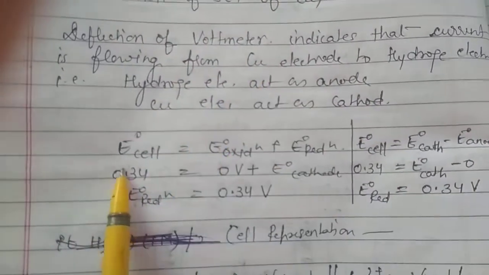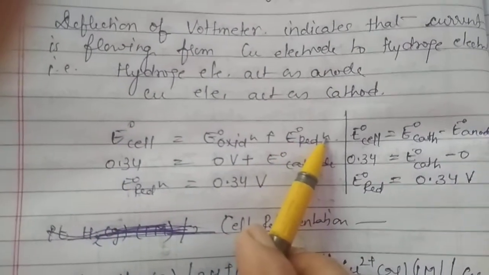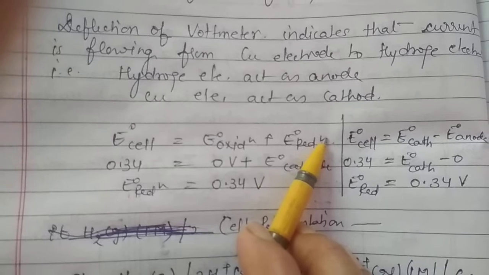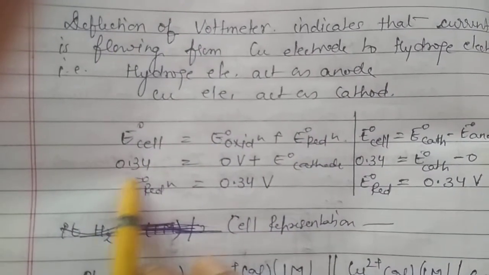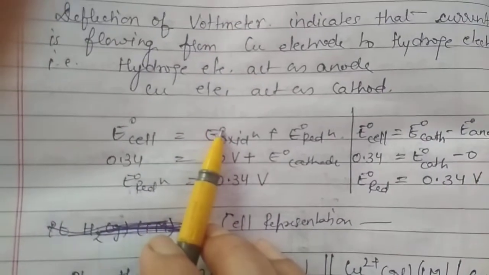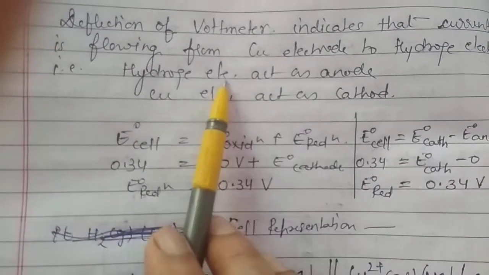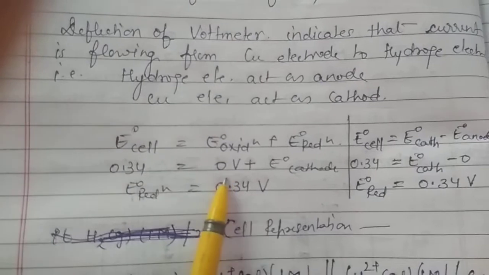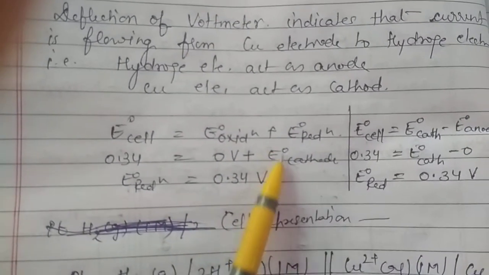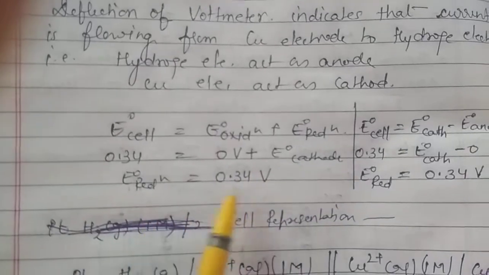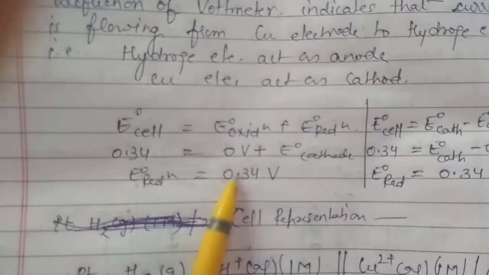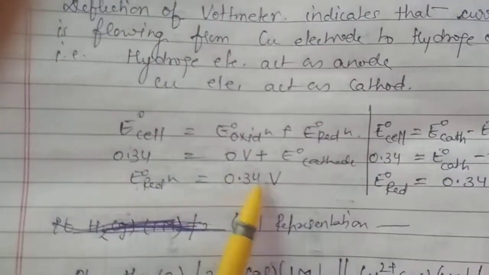So again we will apply the same formula as we have discussed yesterday, that E naught cell is equal to E oxidation plus E reduction. The value is showing as 0.34. Oxidation is happening at the hydrogen electrode. The value is fixed 0 volt. E reduction we can calculate. Means the value of E naught cathode we can calculate as 0.34 volt. It means copper's reduction potential is 0.34 volt.